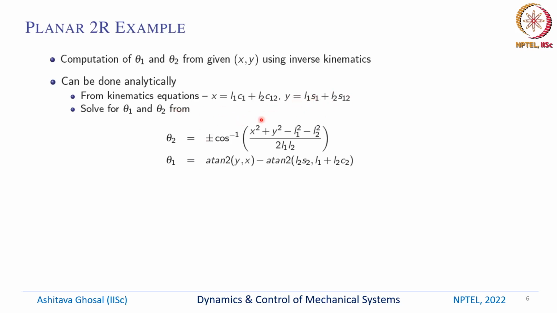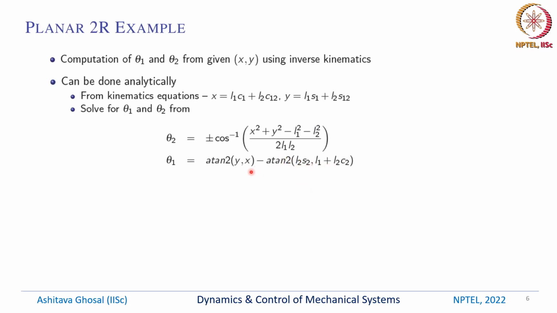We can solve these two equations in two unknowns by doing some tricks. If you compute x square plus y square minus L1 square minus L2 square, then you will get theta 2: theta 2 is cos inverse of this quantity divided by 2 L1 L2. Theta 1 can also be found once you find theta 2, and that is given by a tan 2 of y comma x minus a tan 2 of L2 S2 comma L1 plus L2 C2.